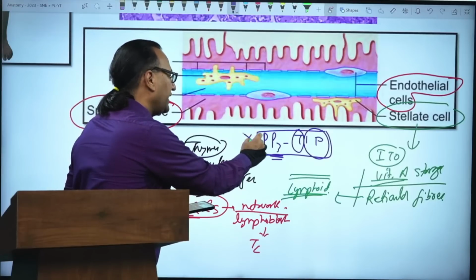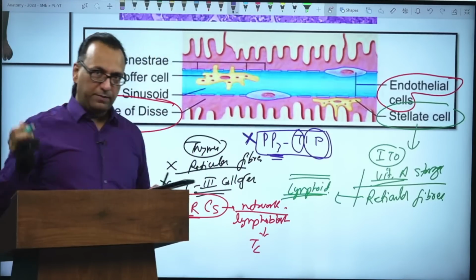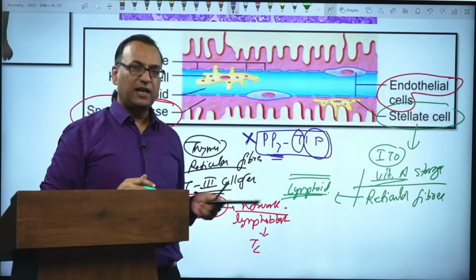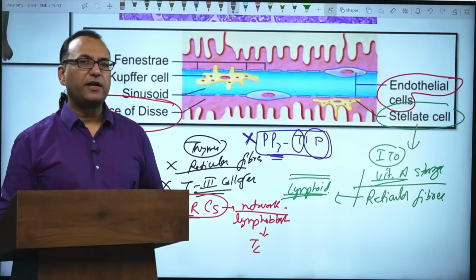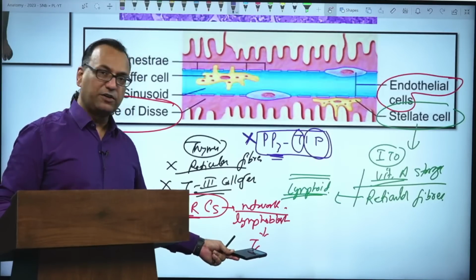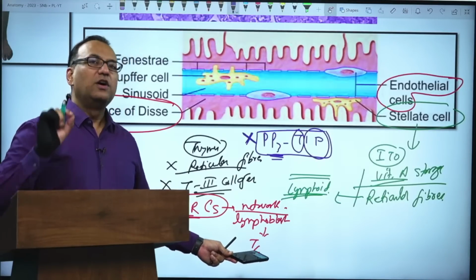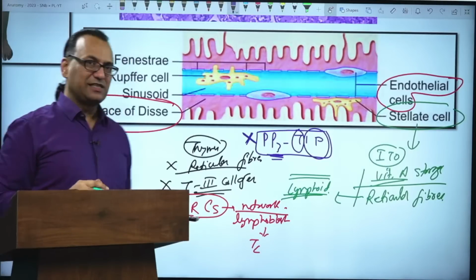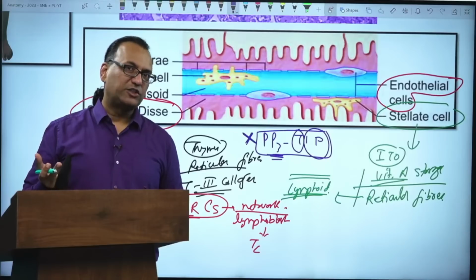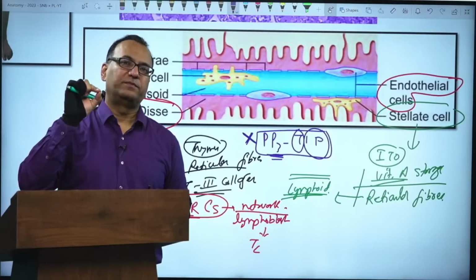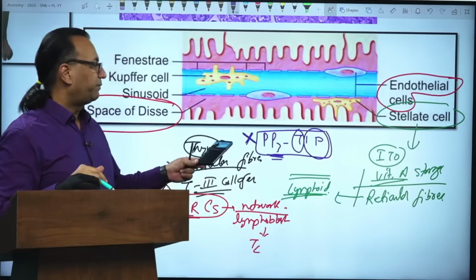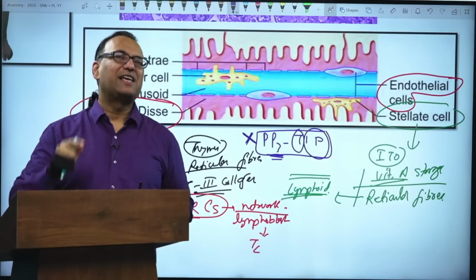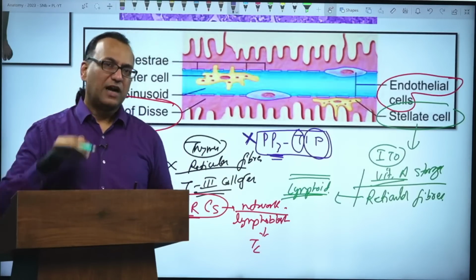If it is missing in DiGeorge syndrome, then you will have a missing thymus. And if thymus is missing, then there will be deficiency of cell mediated immunity because T lymphocytes will be missing. So next time the question can be: thymic epithelial reticular cells are derived from, your answer is endoderm of pharyngeal pouch 3. Endoderm of pharyngeal pouch 3. Now I'll ask you another question which has already come earlier.